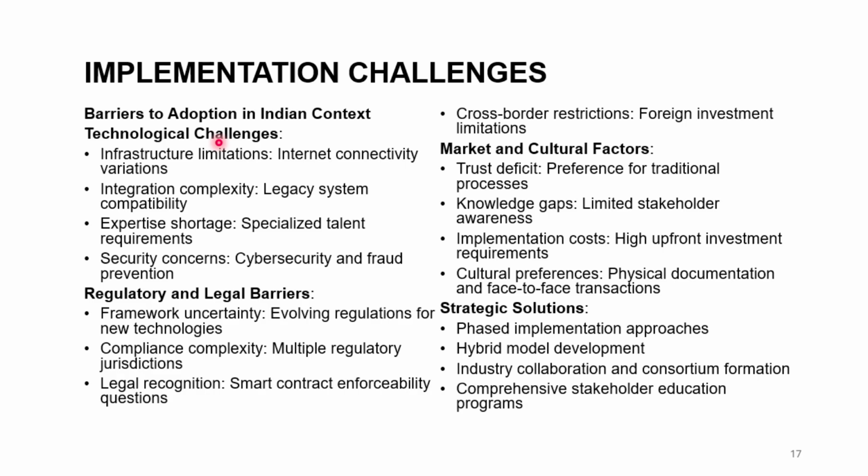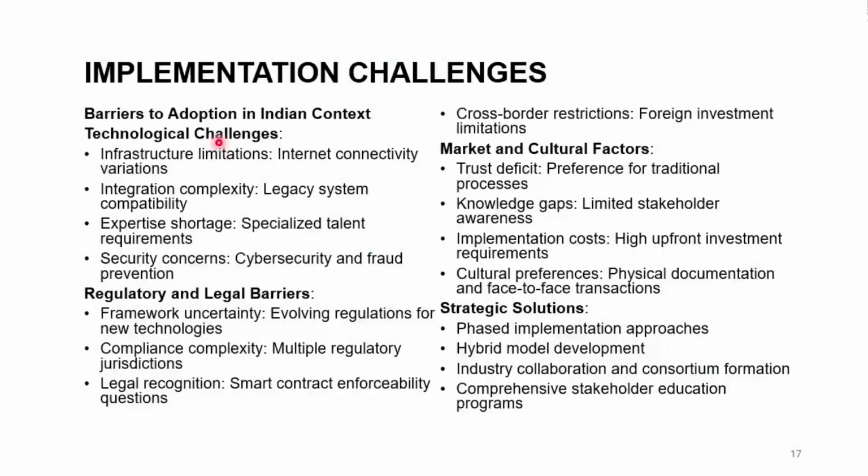And then regulatory and legal barriers are also there. Then there is framework uncertainty. Regulations should also catch up with these new systems. Compliance complexity, that multiple regulatory jurisdictions are sometimes there, and these types of systems can be operated from anywhere. So how will the jurisdiction be decided?